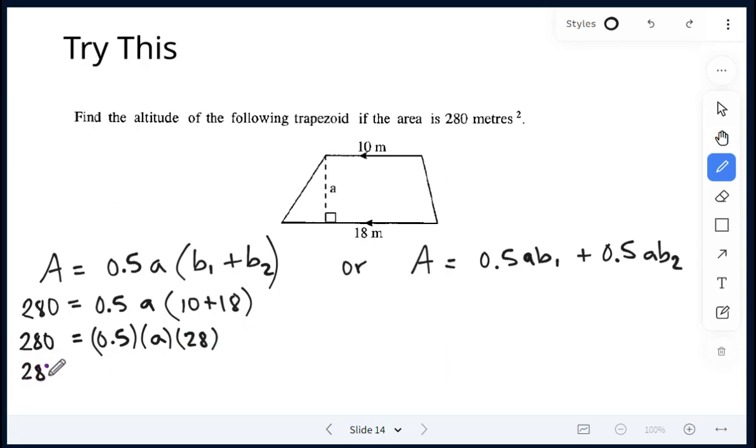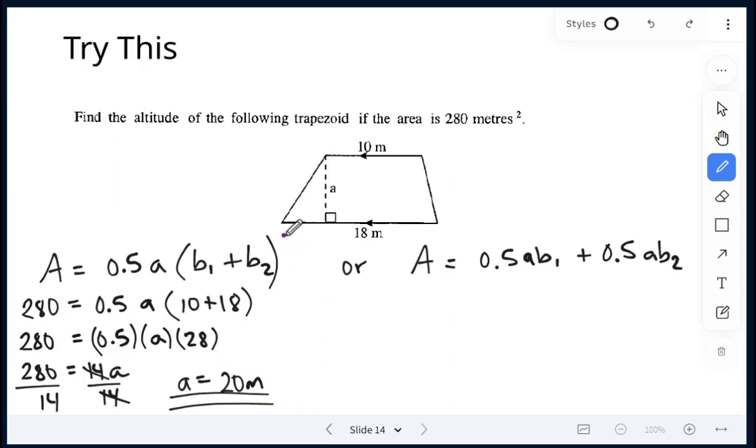So 280, 0.5 times 28, that's 14, and then we have the A. So now we're just going to divide by 14 on both sides, just like when we're solving for those algebraic equations. And so therefore A is equal to 280 divided by 14, which is 20 meters.